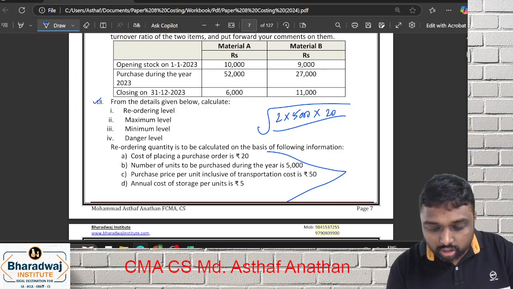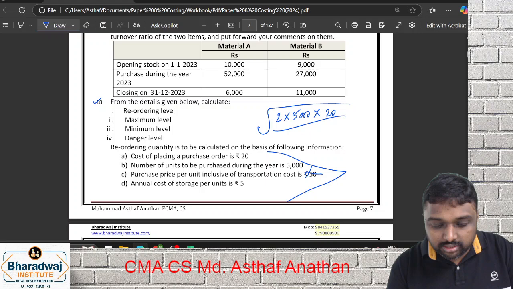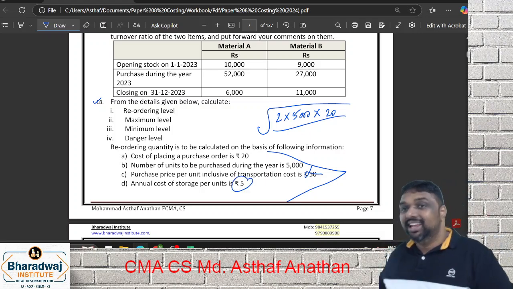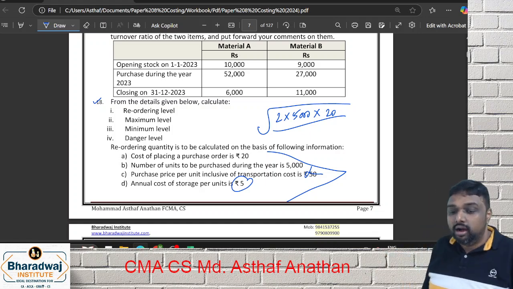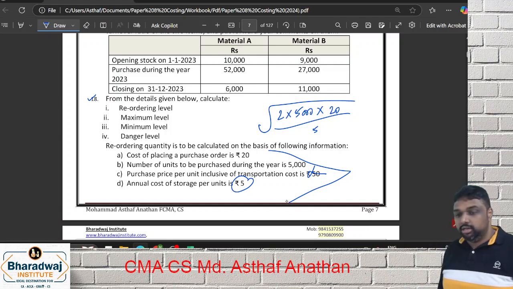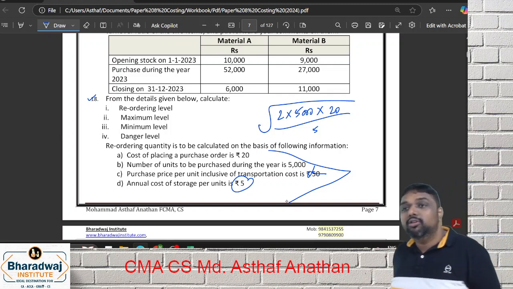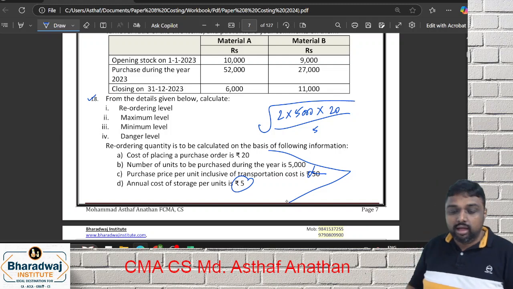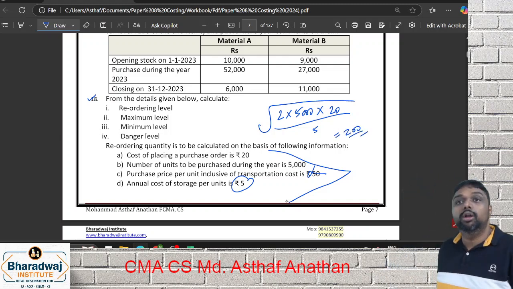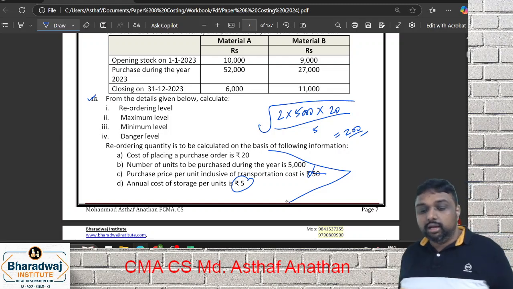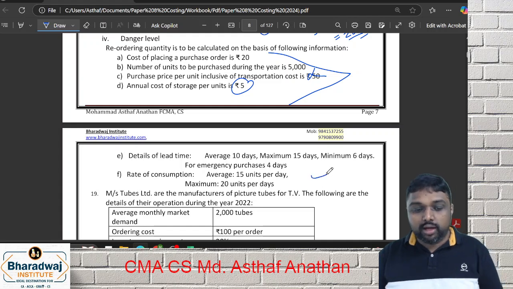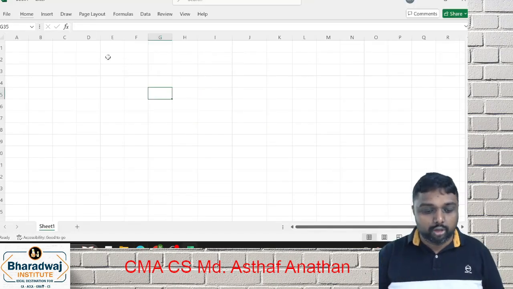The annual carrying cost is not relevant now because it is given directly; in the previous questions it was given as a percentage, but here it is 5 rupees. So root of 2 into 5,000 into 20 by 5. What will you get for EOQ, friends? Very good, we get 200 units. So reorder quantity is 200 units. Now we can apply the formula for reorder level. Shall I start, friends? All the clues are given here, so with your permission I will start step by step.